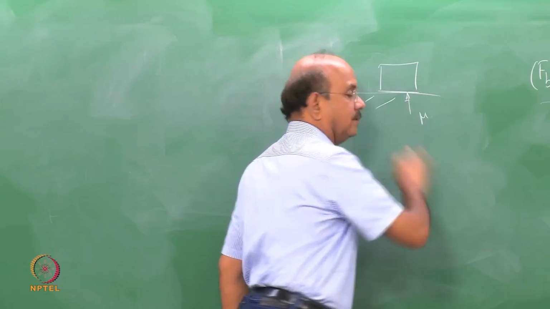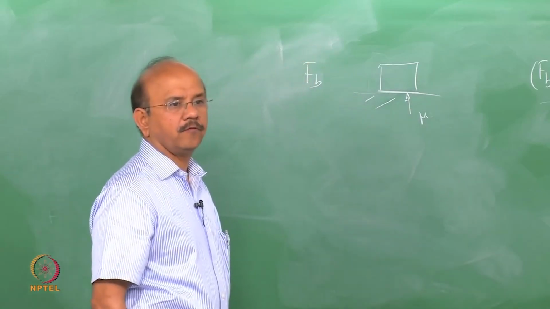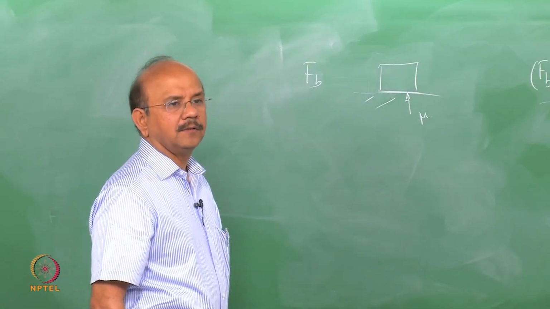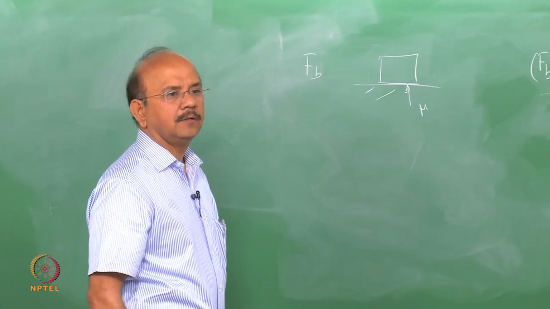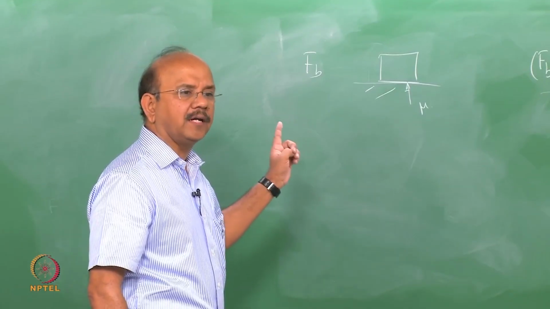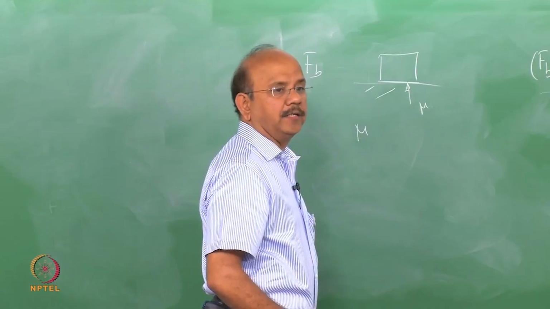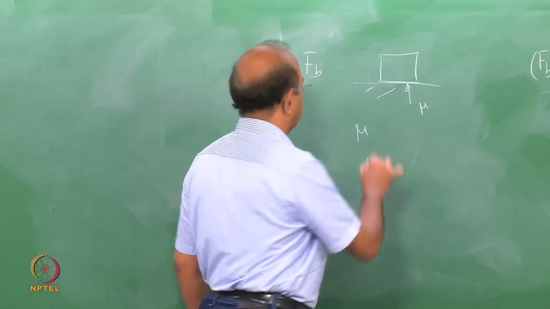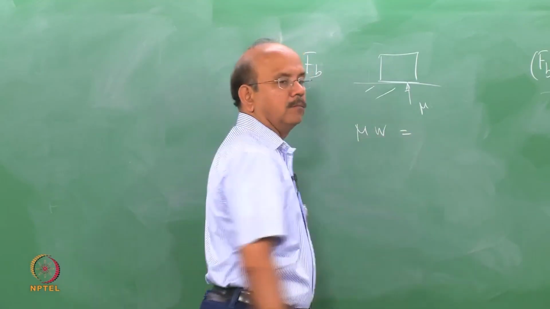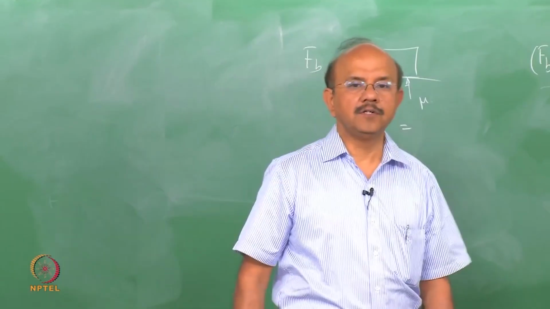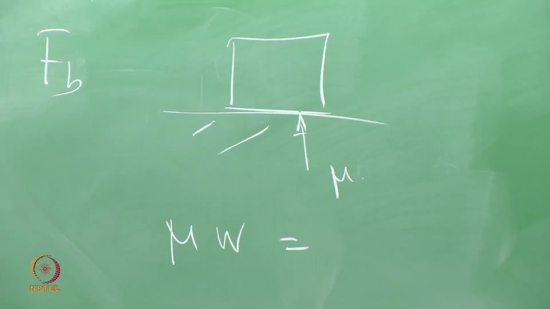Let us say that mu is the factor. So what would be the ideal deceleration? mu into W, which is the braking force.